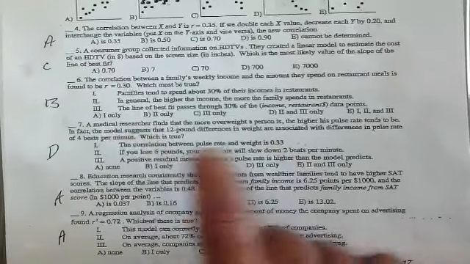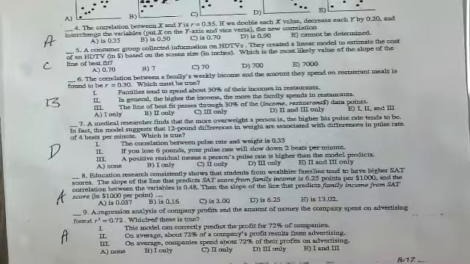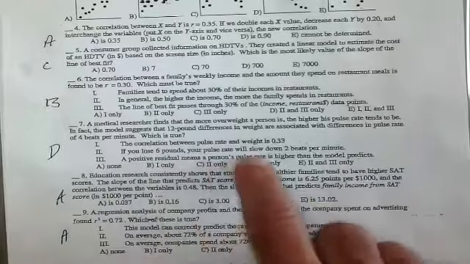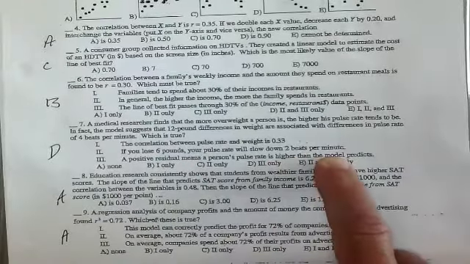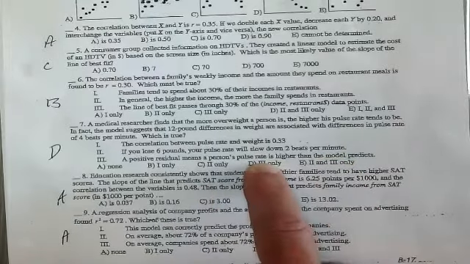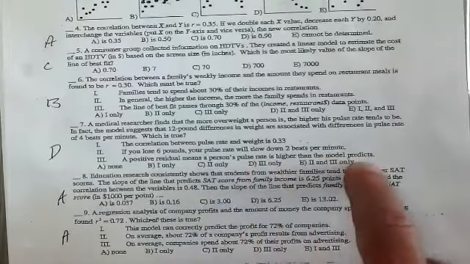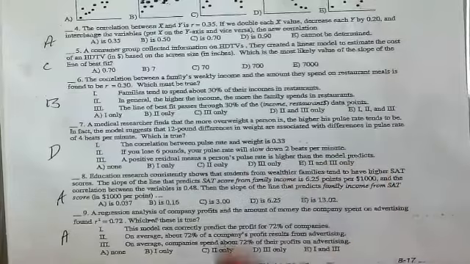Nope, they just divided this by this. Don't do that. That's not how we find the correlation. If you lose 6 pounds, your pulse rate will go down 2 beats per minute? Maybe, but there's no guarantee on that. A positive residual means a person's pulse rate is higher than the model predicts. That's the only statement that is absolutely true. That's the reason the answer for this one is D.